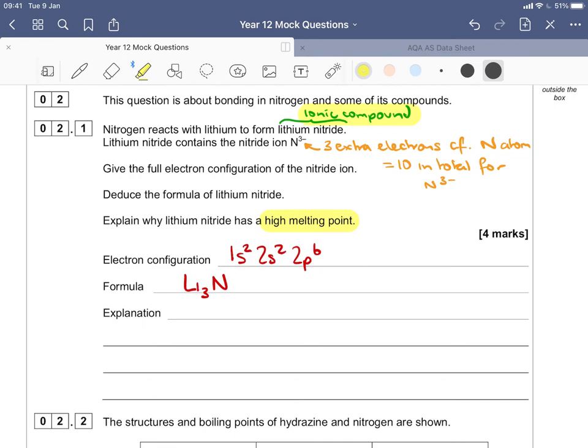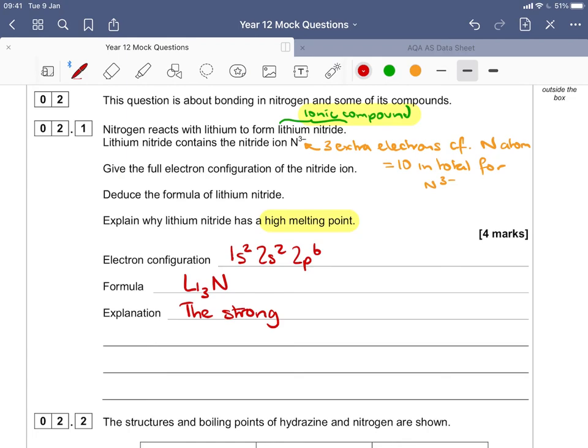So we have an ionic compound, and it's probably been drummed into you that there is a strong electrostatic, and the strong bit is important, okay? Because not everything is going to have electrostatic forces of attraction in chemistry, in any bonding, sorry, but whether they're strong or weak is going to determine how much energy is required to change state, because we are basically having to overcome those forces of attraction.